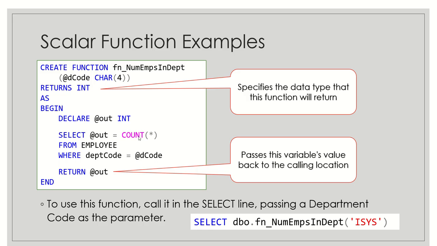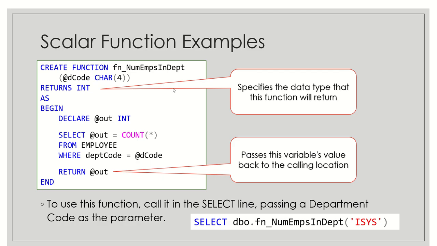So the count of employees with that particular department code is going to be assigned to the out variable. And you can see in the next line, we're returning the value of the out variable. Now there are shorter ways that you could write this a little bit more efficiently. You can do it without declaring the variable and just return the result of the select query itself. But just to make it as clear as possible that we're declaring an integer and we're returning an integer, which goes along with our returns data type there.